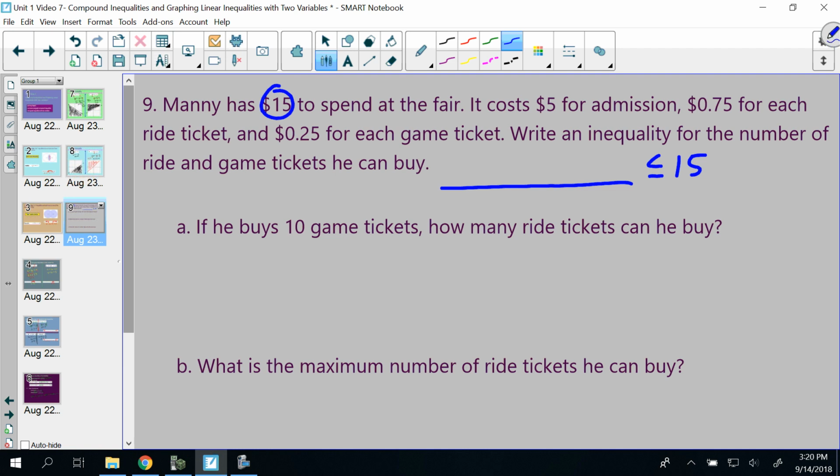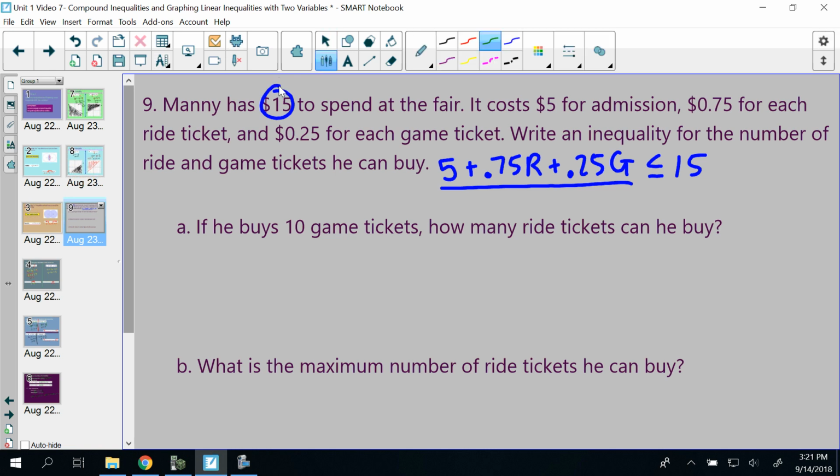What it costs to go in is $5. That's a one-time cost, so we don't need any variables there. Plus, if he wants to go on any rides, that's going to be 75 cents per ride. Plus, game tickets are 25 cents, so 25 for each game. And all that stuff needs to be less than 15.